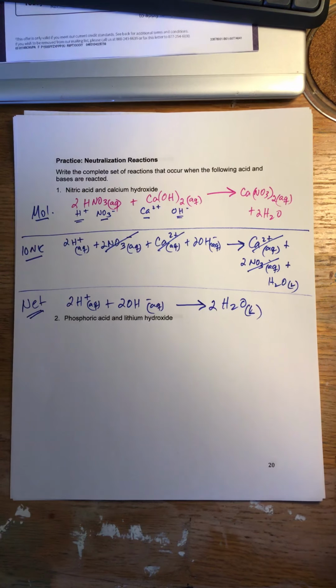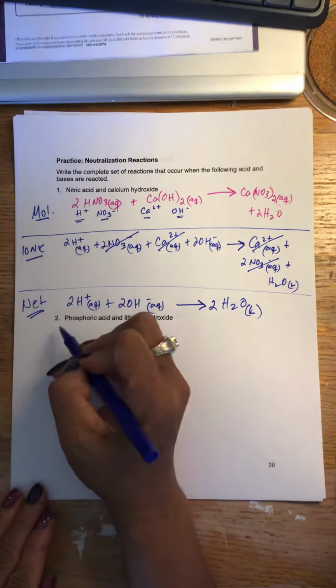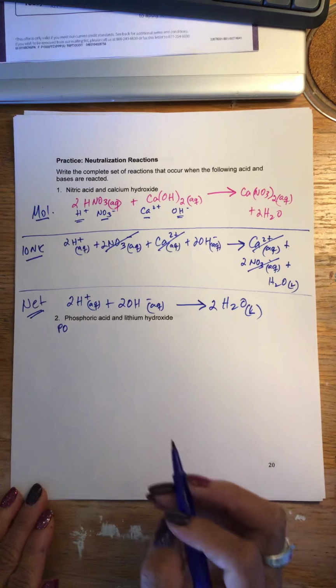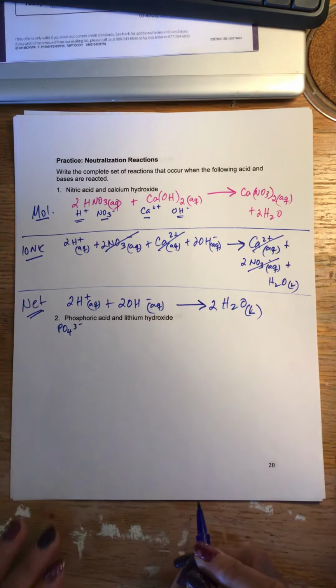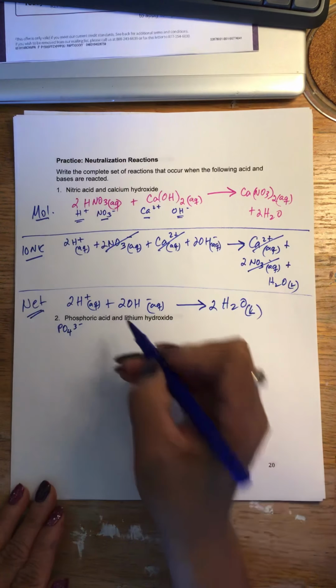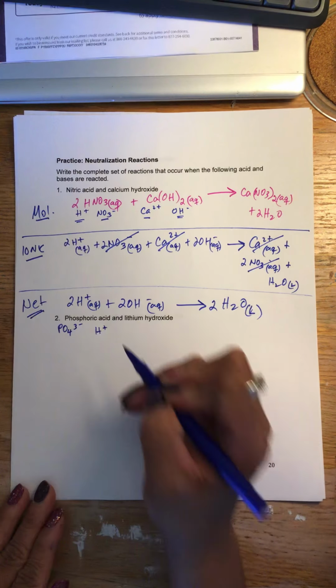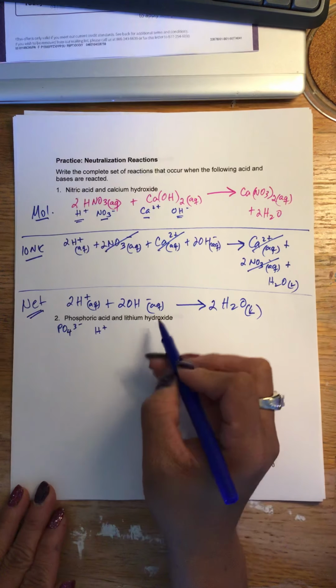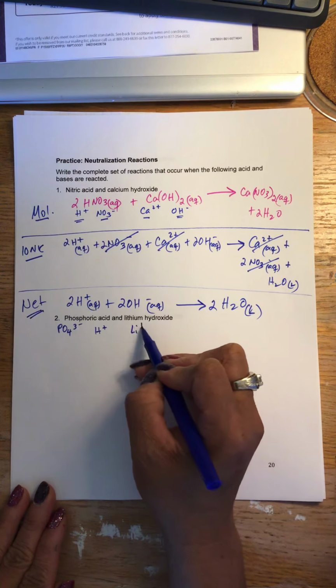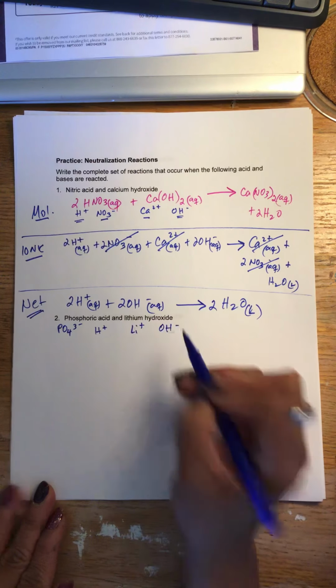This forms between phosphate, so look it up on the chart of polyatomic ions, and you will see that this is phosphate, PO4 with a negative charge. And of course you have the H plus, the hydrogen that makes it acidic. Lithium is Li plus, hydroxide is negative.